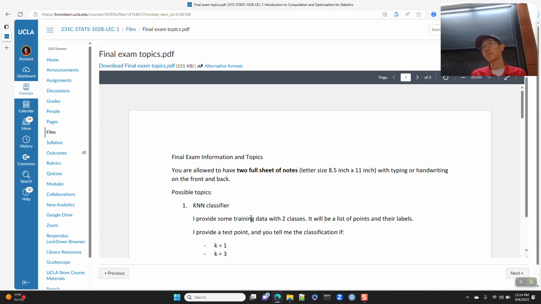But for your note sheets, if you want to take examples from the homework, shrink them down and put them on there, that's fine. If you want to take lecture slides, shrink them down and put them on there, that's fine. If you want to handwrite everything, also fine. I didn't study all of your note sheets from the midterm exam very thoroughly, but just quickly glancing, I didn't see any problems with that.